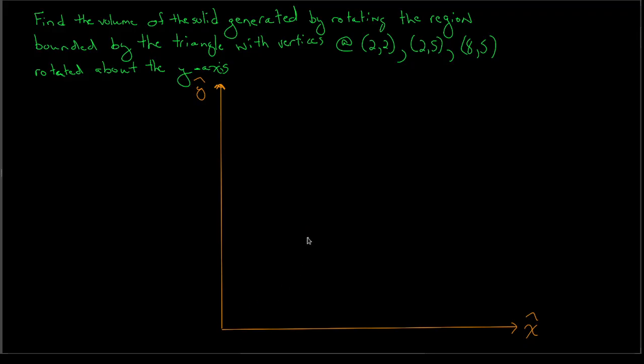So let's see, (2, 2) is here. (2, 5) is up here. And (8, 5) is over here.